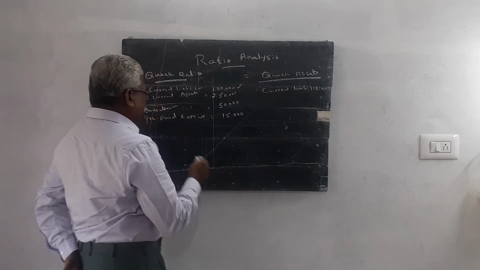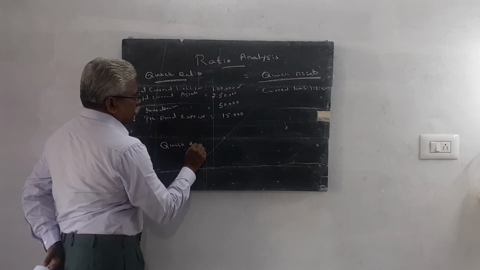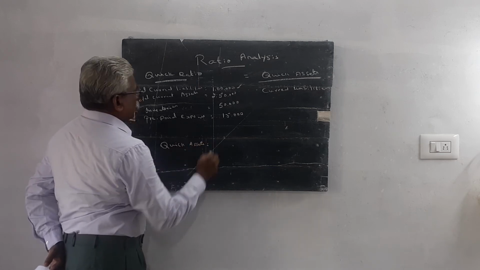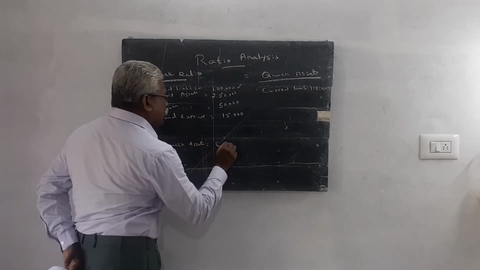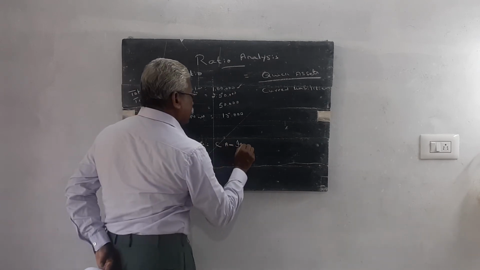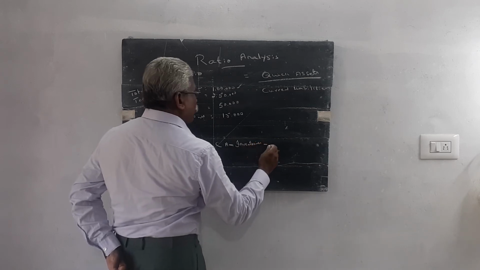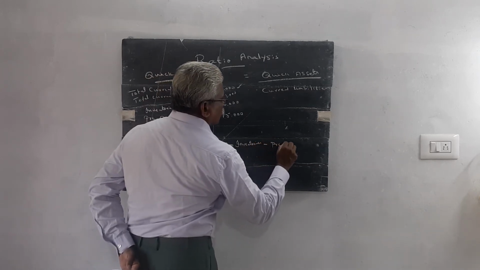Quick asset we calculate with another formula: quick asset is equal to current asset minus inventories minus prepaid expenses.